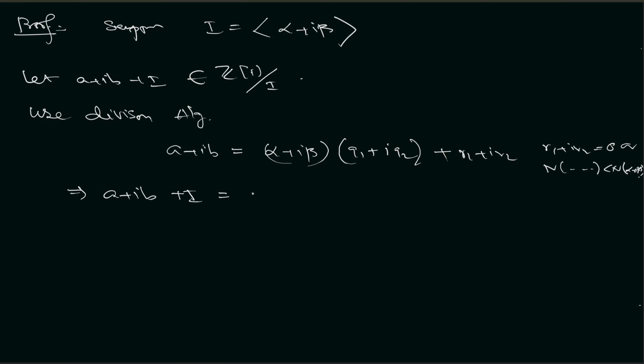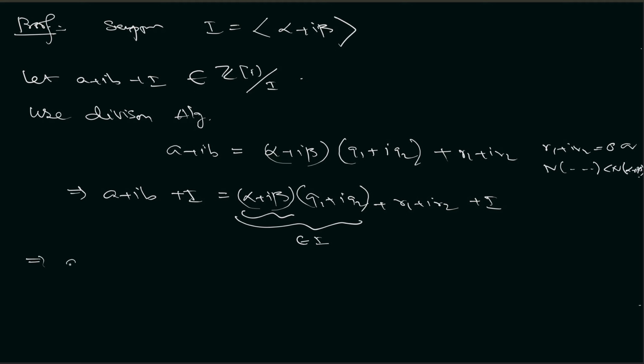So similarly I will add: a plus ib plus I equals (alpha plus i beta)(q1 plus iq2) plus r1 plus ir2 plus I. But your alpha plus i beta is an element of I, so that term will definitely be a member of I. This implies that a plus ib plus I equals r1 plus ir2 plus I, because this will definitely be absorbed by I.